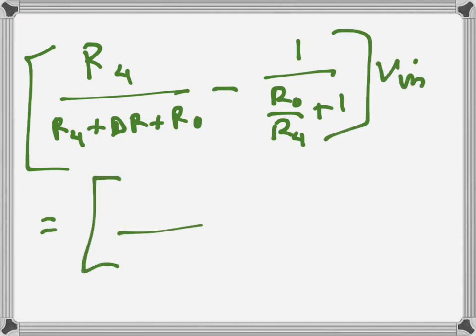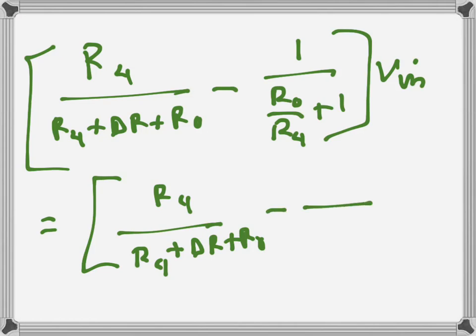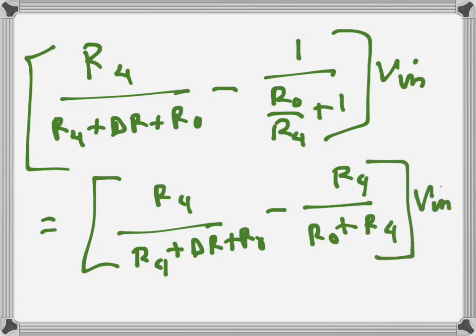If I write that, it will become R4 over R0 plus del R plus R4, and this is now becoming R4 over R0 plus R4, times V in. So we will just do the subtraction.